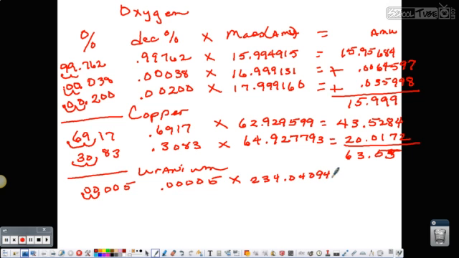234.040947. And when we multiply that out, we get a pretty small number, 0.00, excuse me, not 0.00, looked at it wrong, 0.01170.